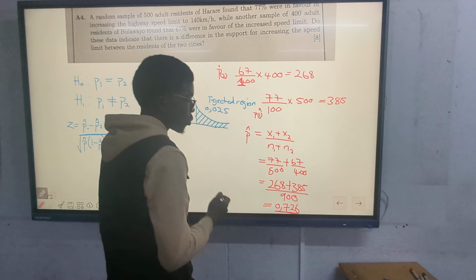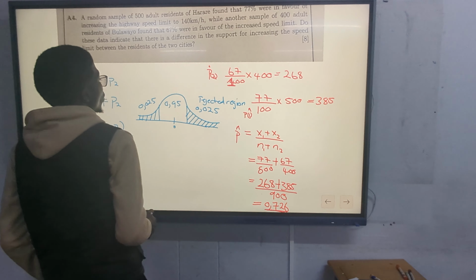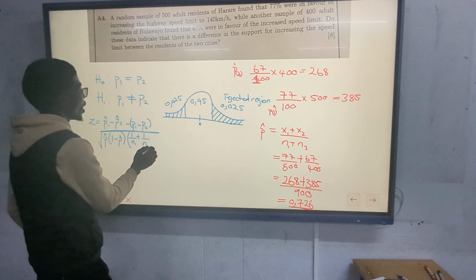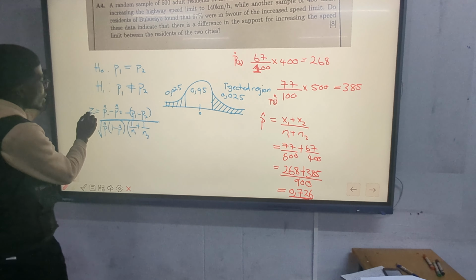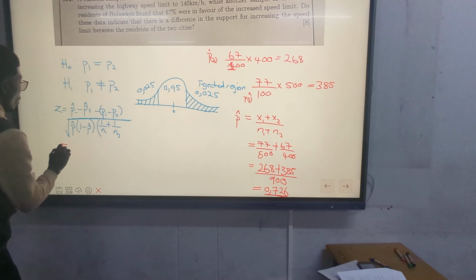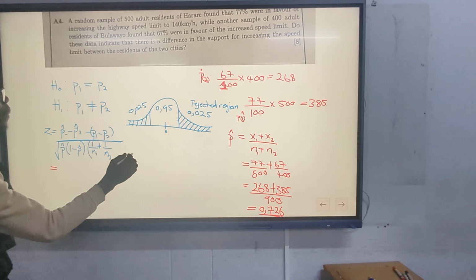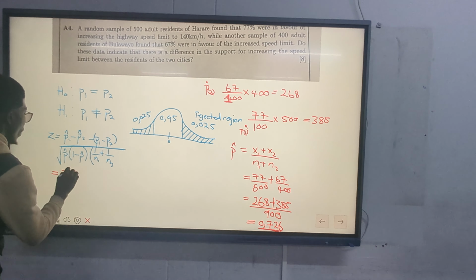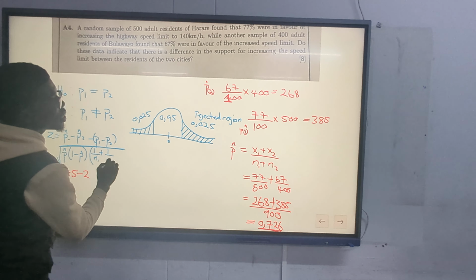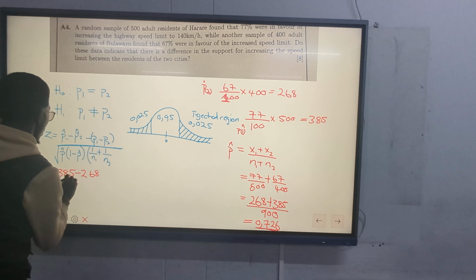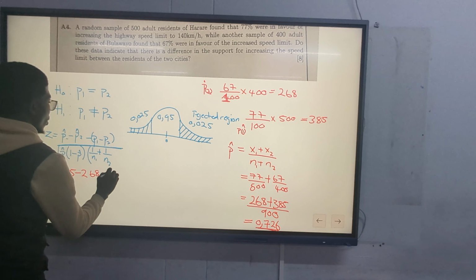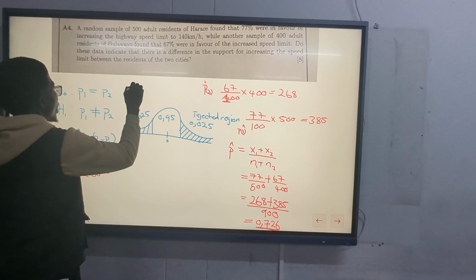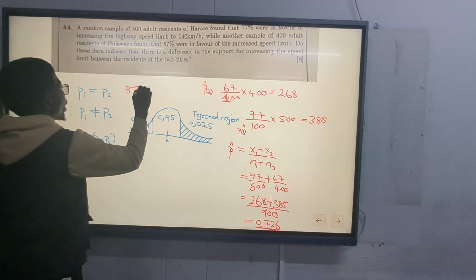We want to calculate now the z value. We now go on and say 385 minus 268, minus P1 minus P2, which is the same as P1 minus P2. We get 0.